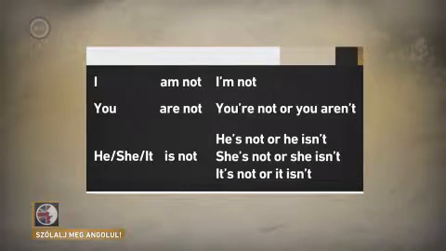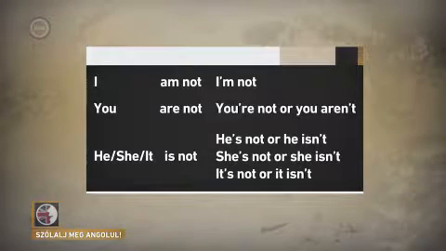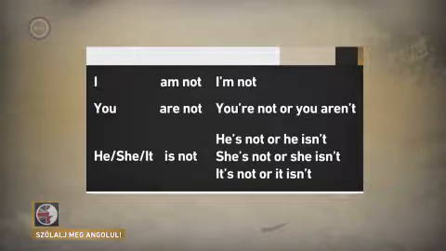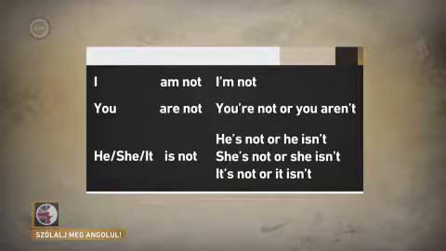And now the negative singular. I am not or I'm not. You are not, you're not, or you aren't. He, she, it is not. He's, she's, it's not, or he, she, it isn't.